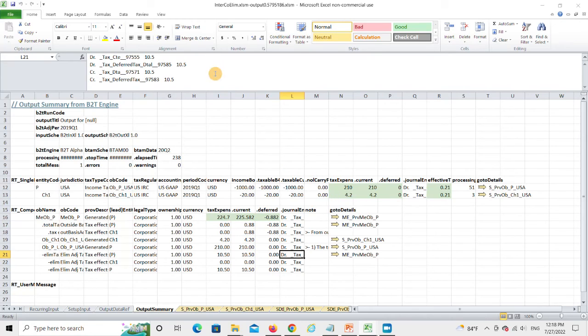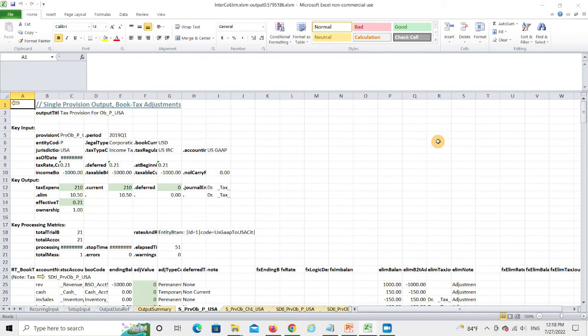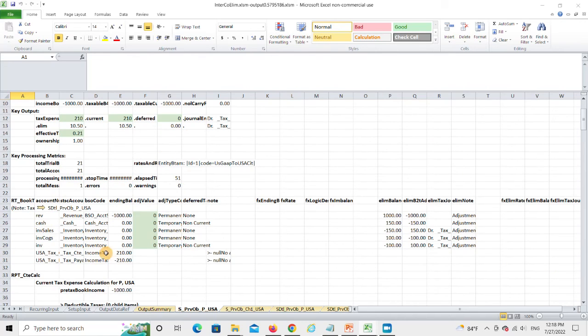And again, those numbers are from individual single provision calculations. Every single account is being analyzed by the engine, going through the book to tax adjustments, and then going through the tax effects calculation. And they are all summed together and rolled up at the group level.